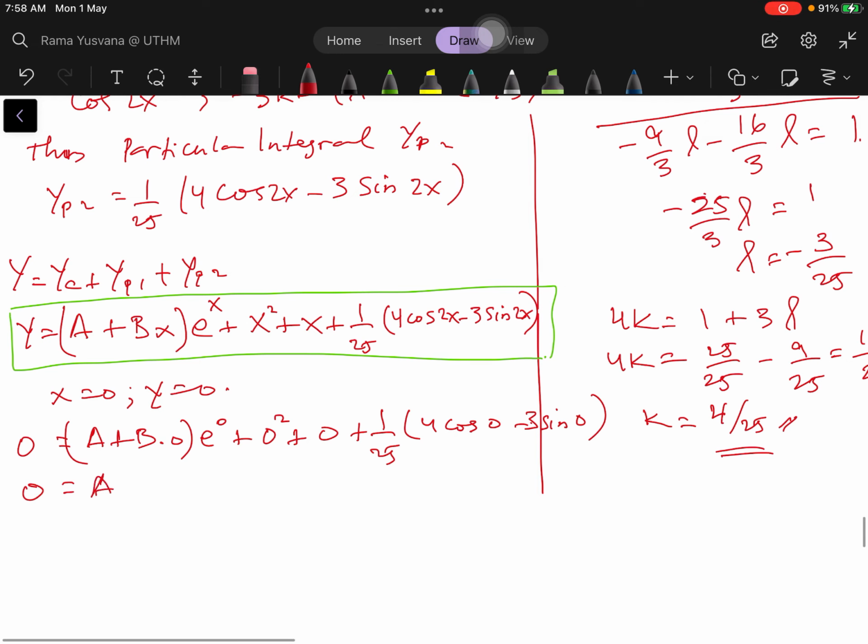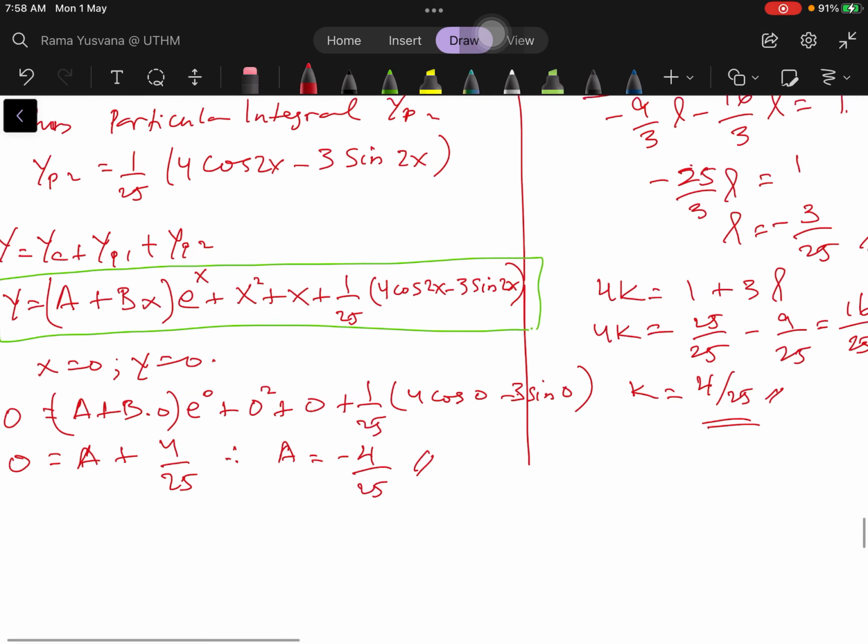We get 0 equals a plus 4 over 25, since cos 0 is 1. Therefore our a is negative 4 over 25.